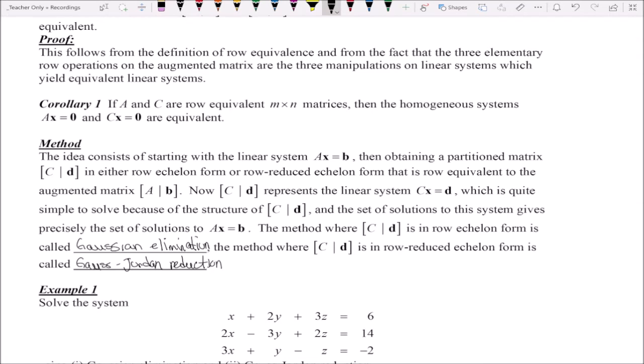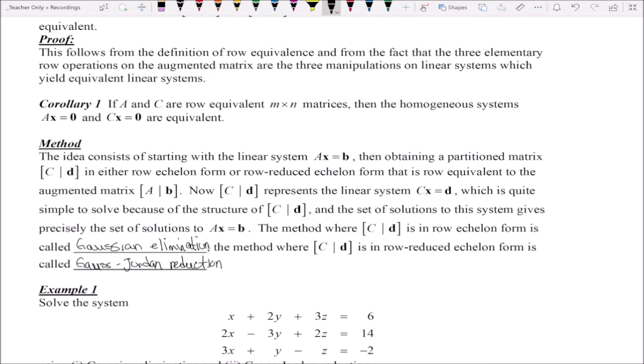Gaussian elimination is the matrix equivalent of the method of elimination. Once you get it into REF, you're going to have a precise solution for one of your unknowns, and then you must use backward substitution to find the remaining. Gauss-Jordan reduction requires no back substitution.